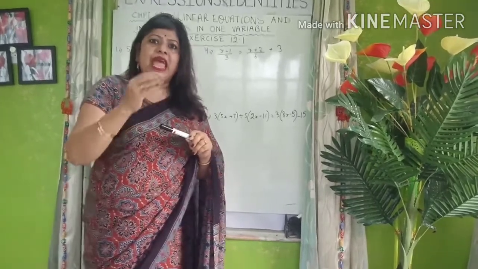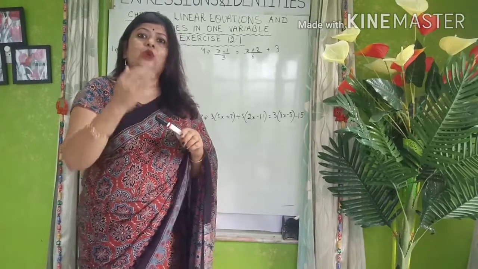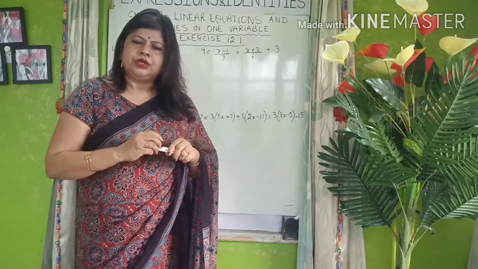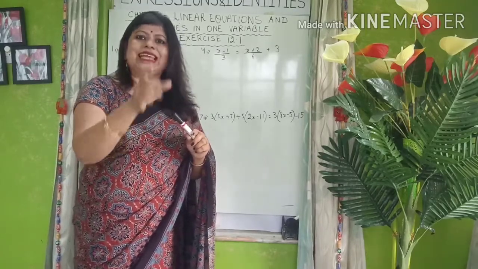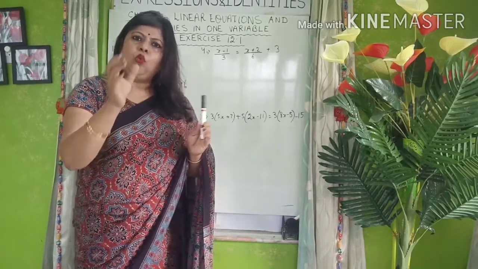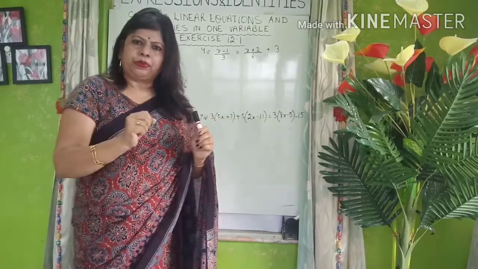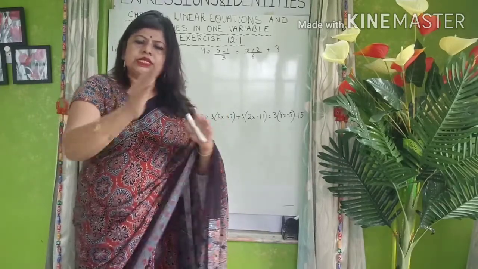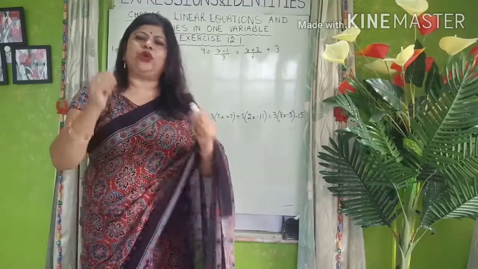So students, here we have been doing algebraic expressions. Now we begin with equations. Now what do you mean by an equation? An equation is an algebraic statement where we say this equals this. The moment you have an equal statement, say 3x plus 5 equals 10, that is an equation.